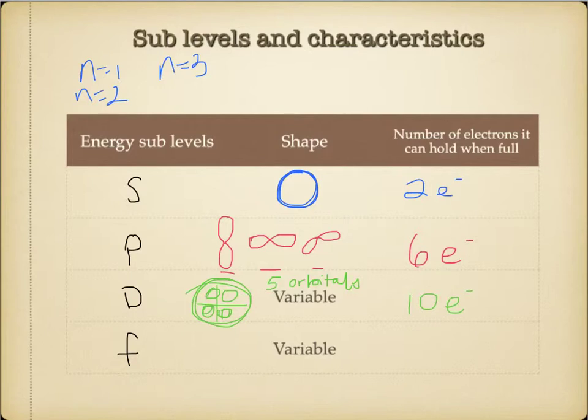Okay, f has some really weird ones. I can't even remember how to draw those. But it has 7 orbitals. So with 7 orbitals and 2 electrons in each orbital, we end up with 14 electrons total.